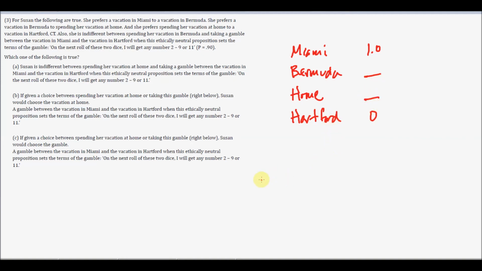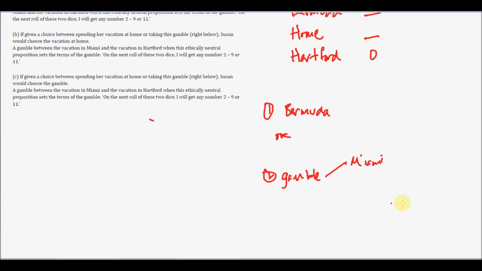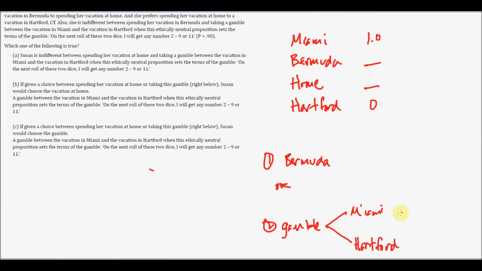And she's indifferent between spending her vacation in Bermuda or a gamble between Miami and Hartford, when this ethically neutral proposition sets the terms for the gamble.